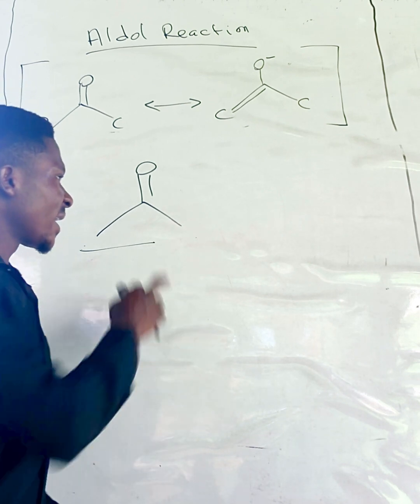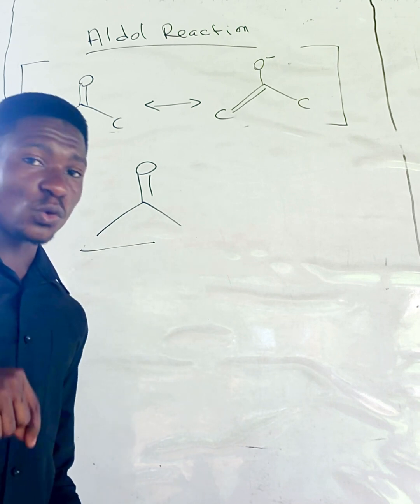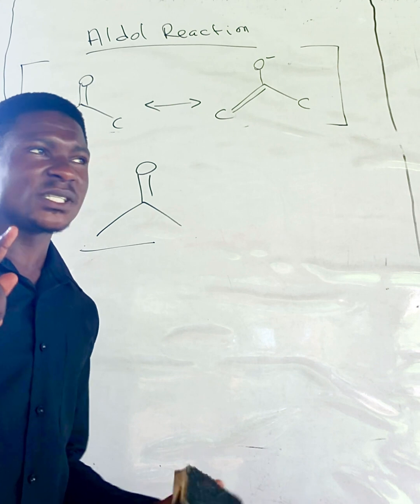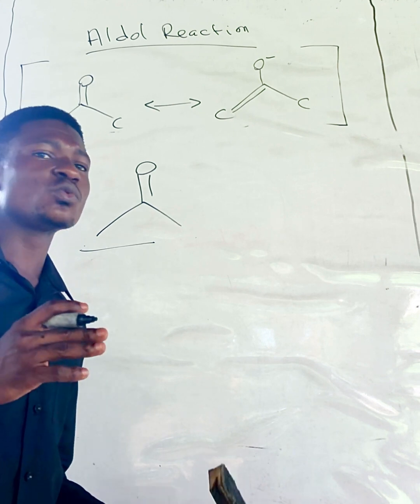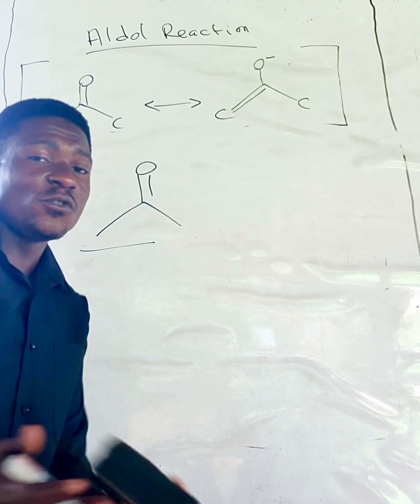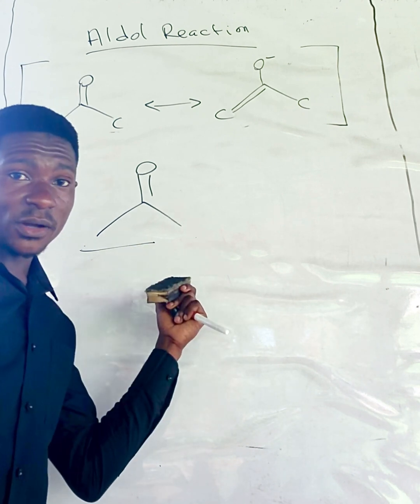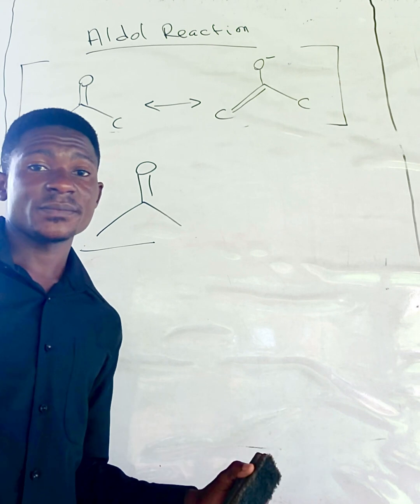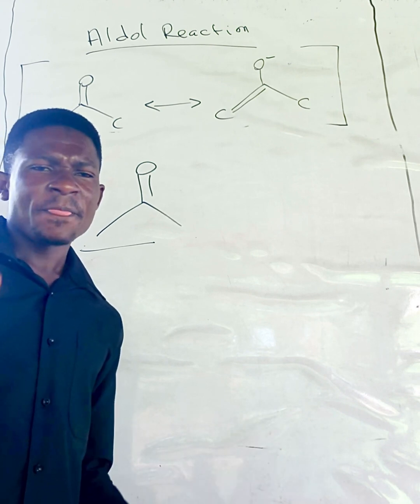We don't want all of them to get deprotonated. So we use a base that will not have the ability to deprotonate all of them. It will only deal with a few of the starting materials so that we can have some of them remaining in the system unreacted or untouched. Please, do you get it?